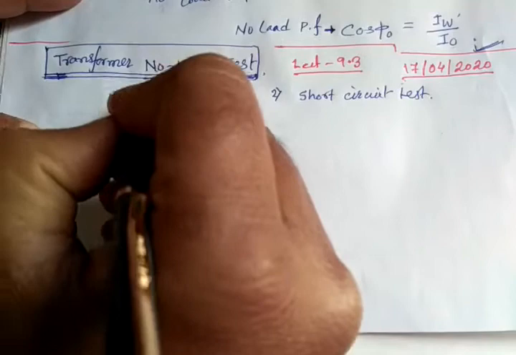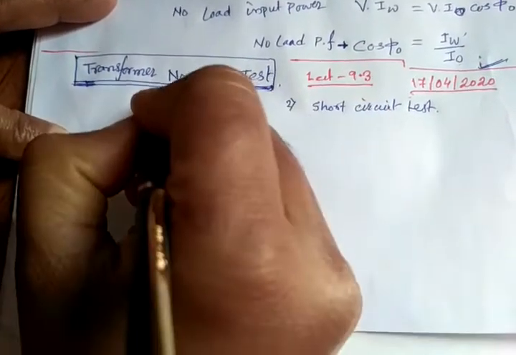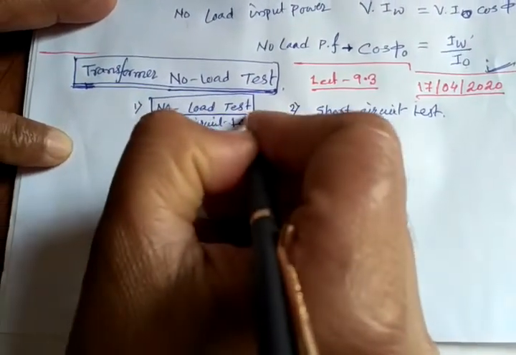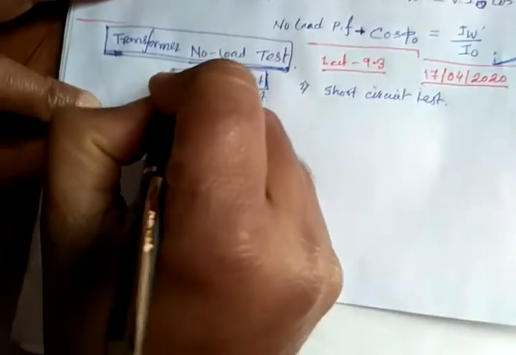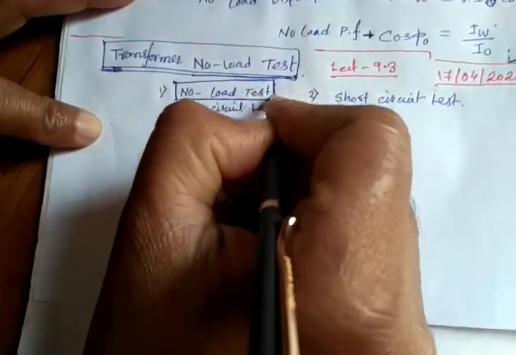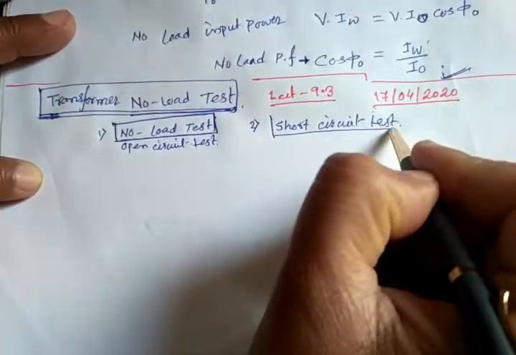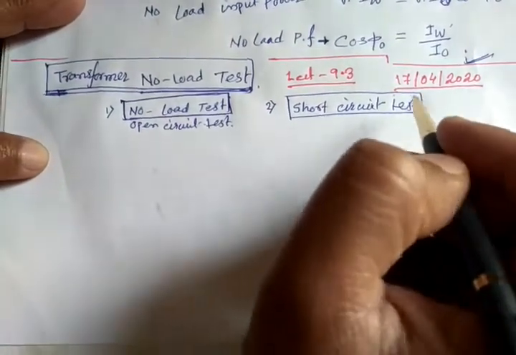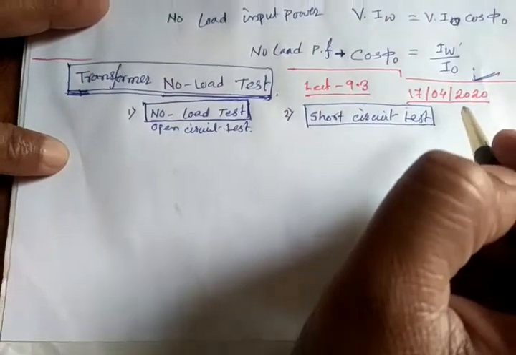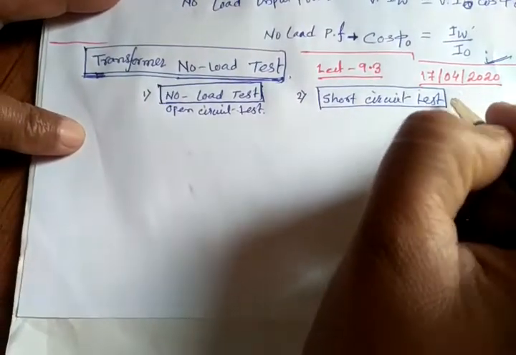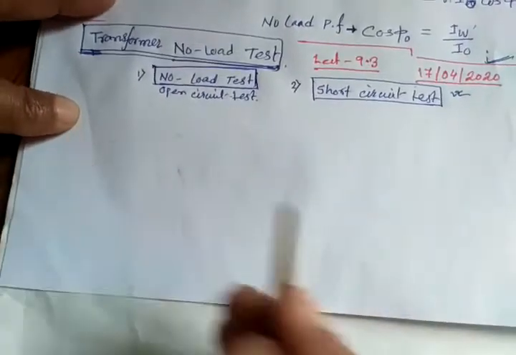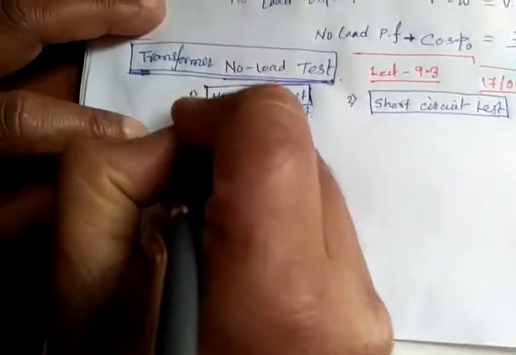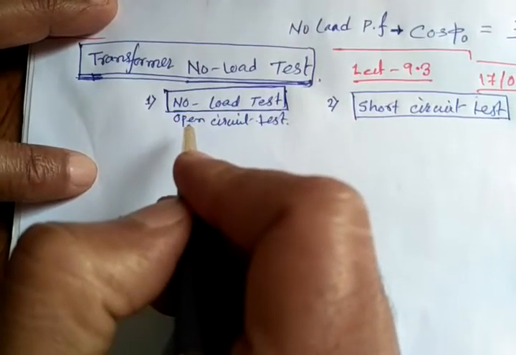This no load test is performed to calculate the core losses, no load current and no load power factor, etc. The short circuit test is used to determine the copper losses when rated current flows in the secondary. This will be discussed in a separate video. For the time being, let's focus on the no load test.